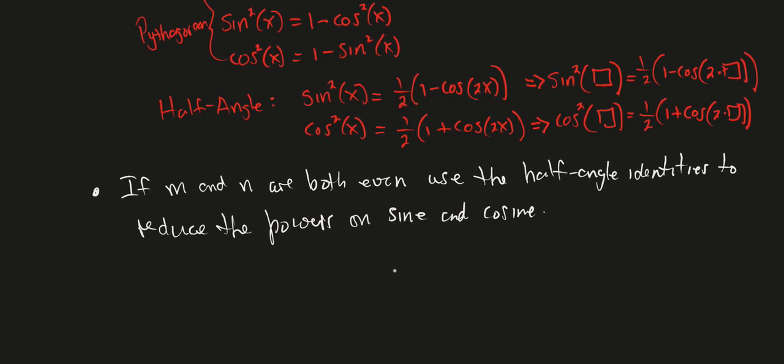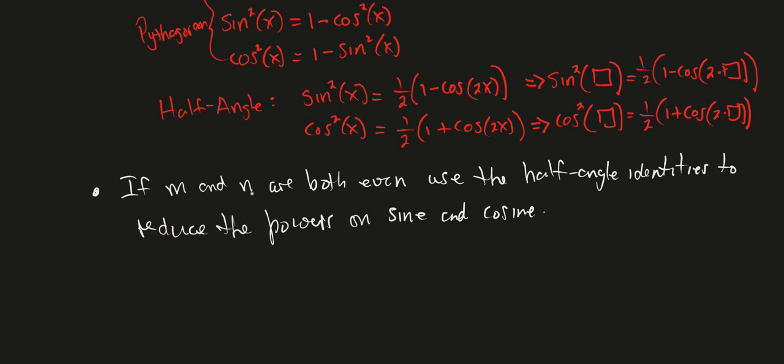And part of the reason why we have to do that is you can't treat this like a regular power function. The power rule works for powers of x. It doesn't work for powers of sine of x or cosine of x. Again, it's very, very specific, right? Powers of x, we use our power rule. If we have powers of sine or cosine, that's what this video is explaining, how we handle it, right?